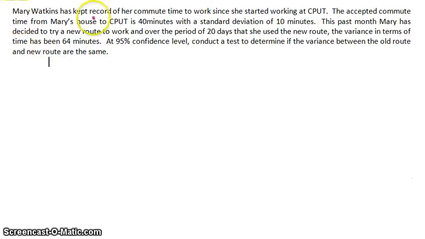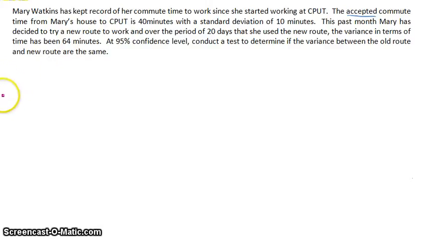Mary Watkins has kept a record of her commute time to work since she started working at CPUT. The accepted commute time from Mary's house to CPUT is 40 minutes, so that's an average. Something that should stand out for us is the use of the word accepted. This tells us that this is a population parameter.